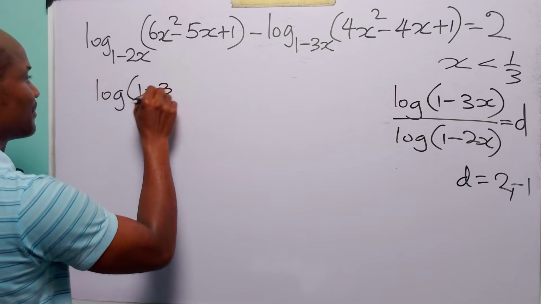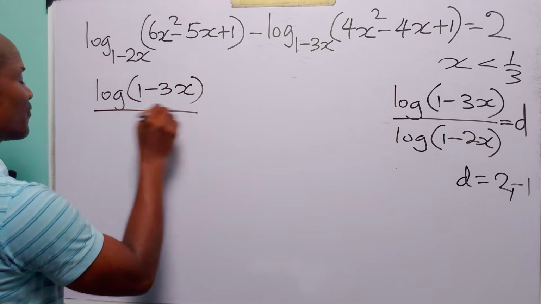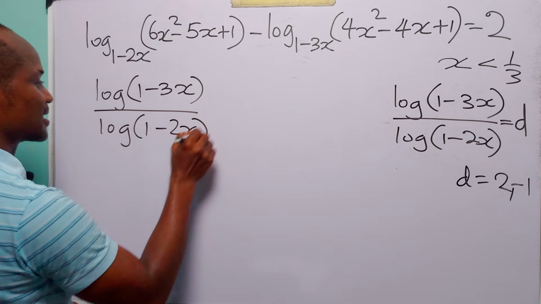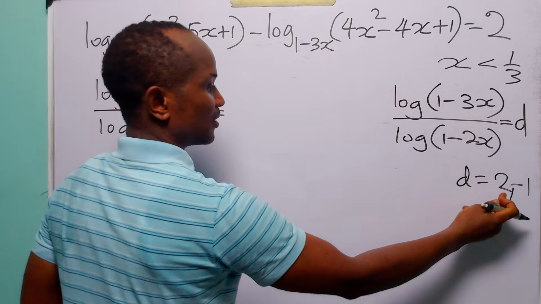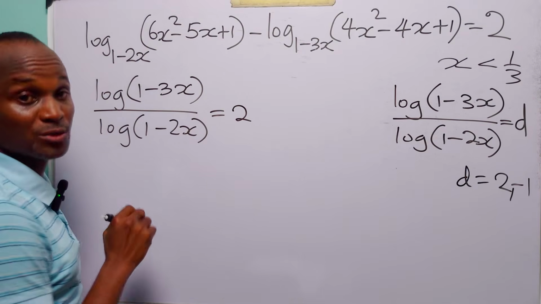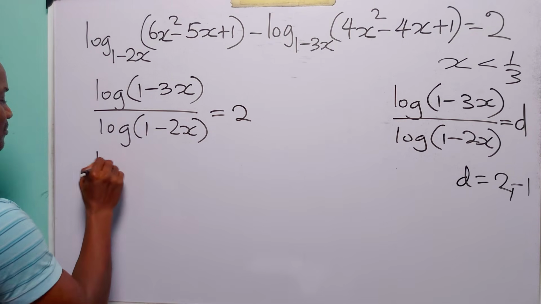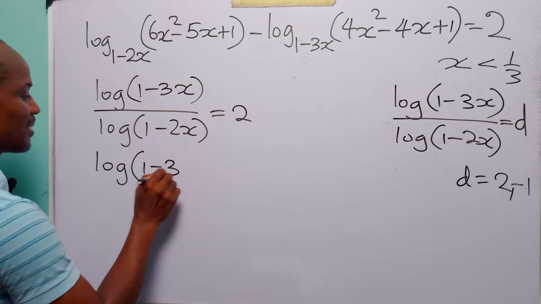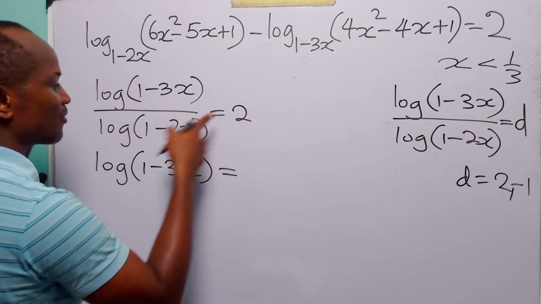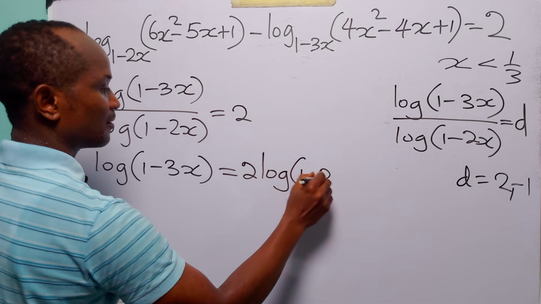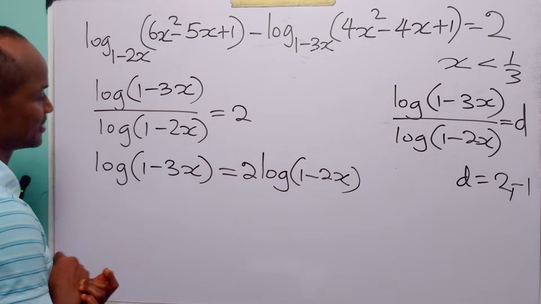log(1 - 3x) over log(1 - 2x) is equal to d, which in this case is equal to 2. Now, when we cross multiply, we have that log(1 - 3x) is equal to 2 times log(1 - 2x).